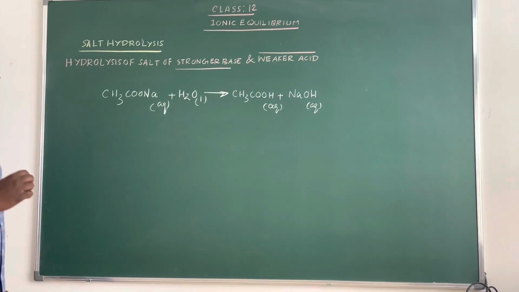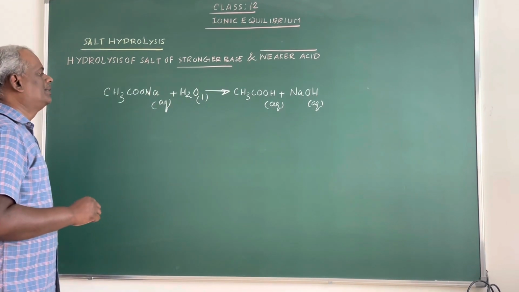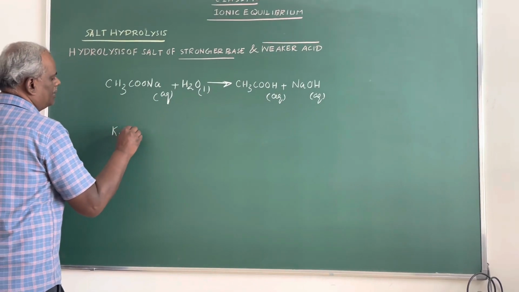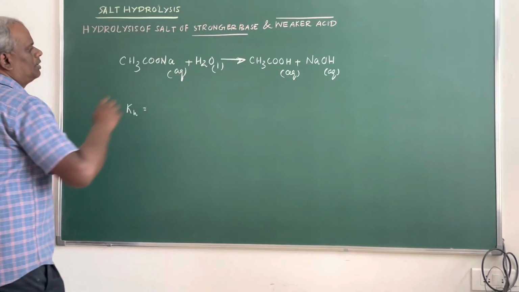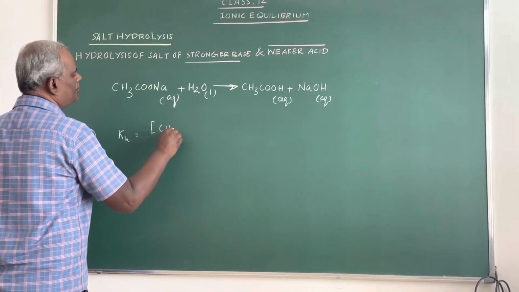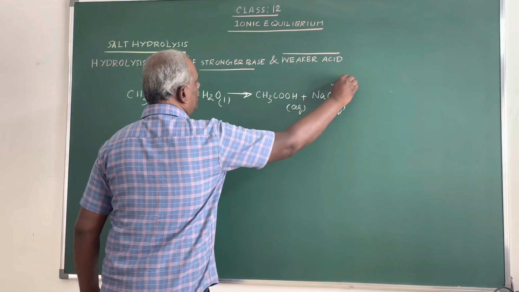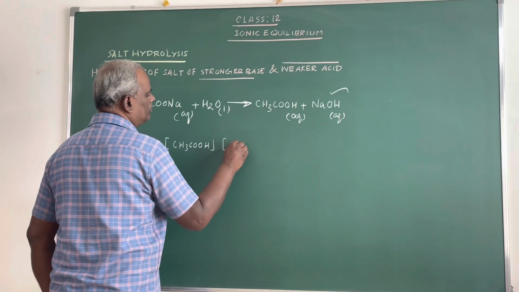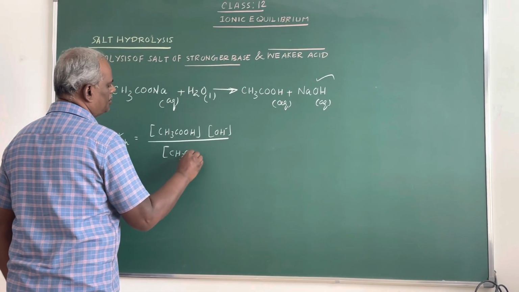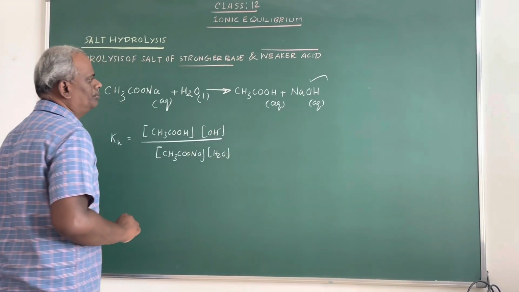Suppose we want to calculate the hydrolysis constant KH, how to calculate KH? KH for the above given case is noted as follows: CH3COOH, and here I can take the OH minus alone, divided by the concentration of acetate CH3COONa and the concentration of H2O.